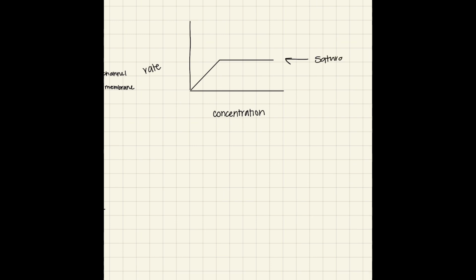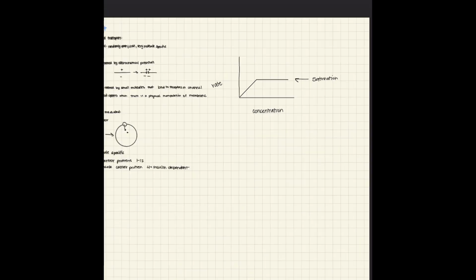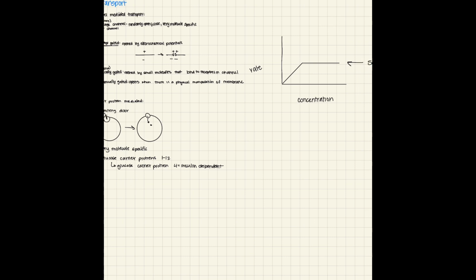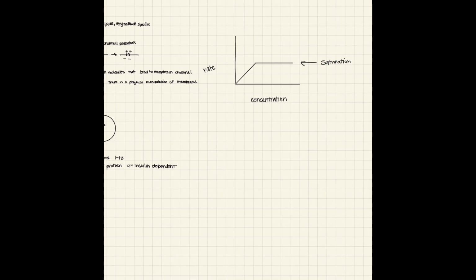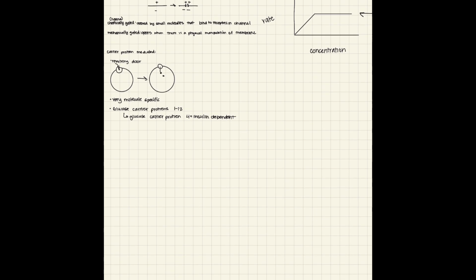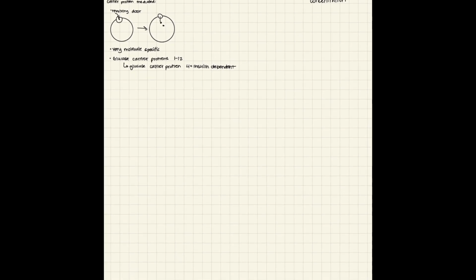This happens because there are only so many channels or carrier proteins per cell or per membrane. Once those have been filled, we can't move it any faster. It's not like simple diffusion where it can continue to go faster and faster as the concentration gets higher.